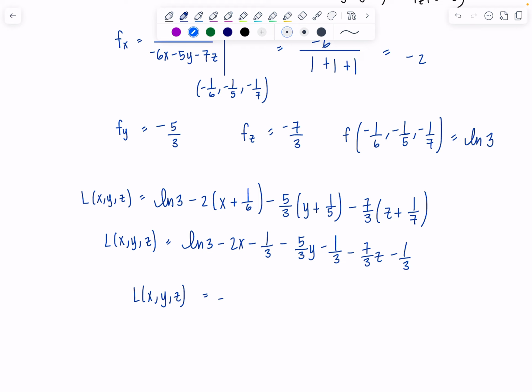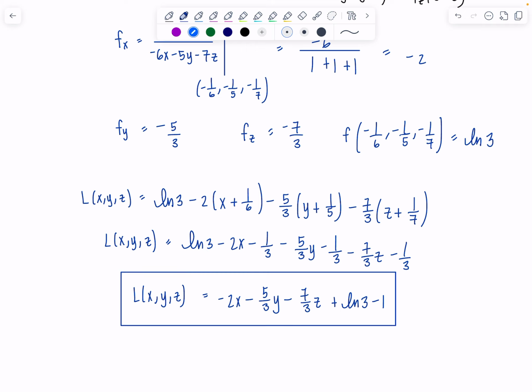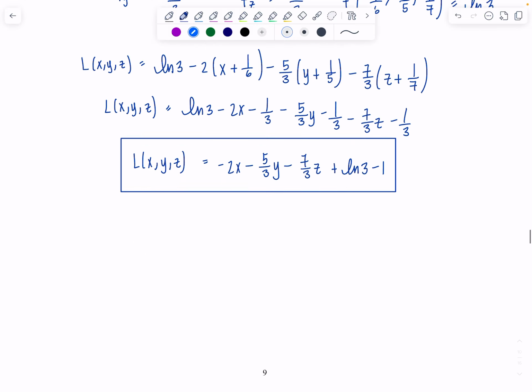Let me write it as -2x minus 5/3 y minus 7/3 z plus ln of 3 minus 1. If you want to keep the constant first so that you have the positive ln 3, I could understand why you would want to do that. We'll allow it. Okay, next problem.